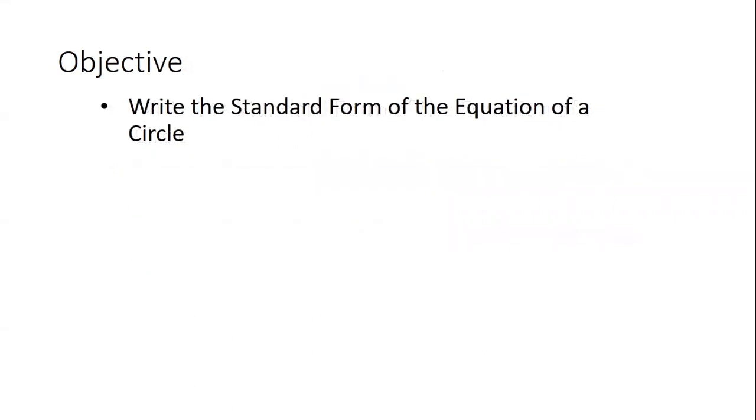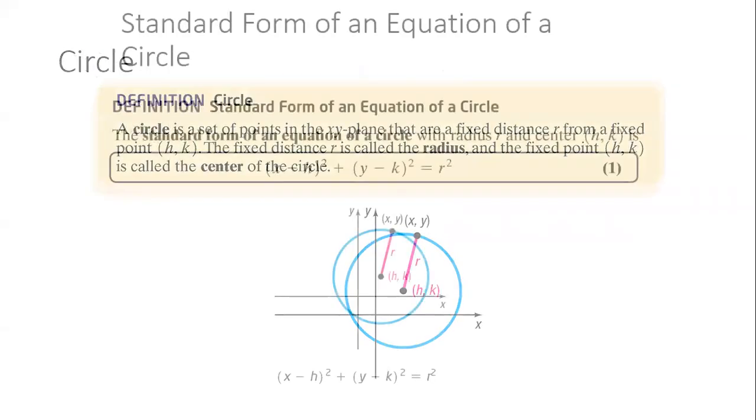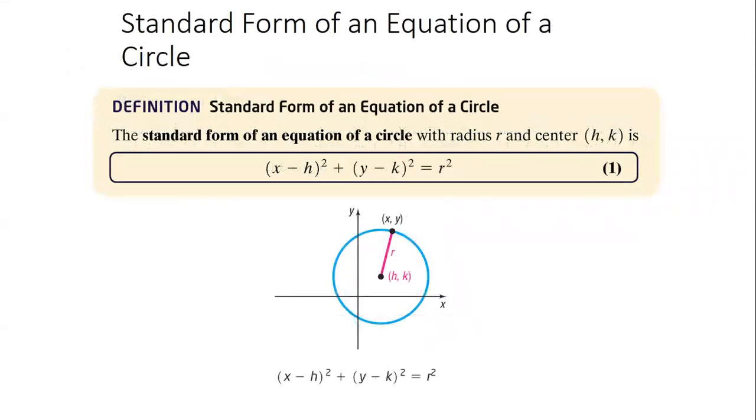All right, so writing in standard form, here is your equation of a circle: (x - h)² + (y - k)² = r². X and y are any point around the circle. What's important are your h and your k.